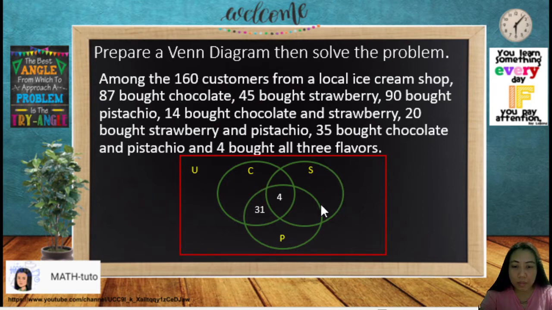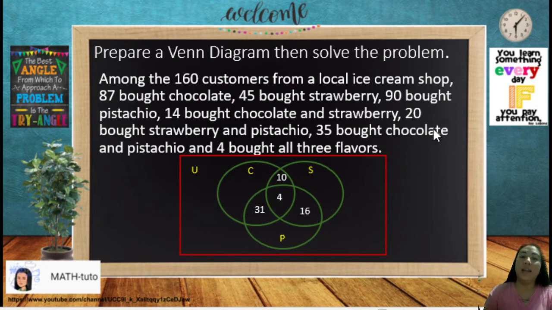That will be here, the intersection of strawberry and pistachio, but we only have 4, so 16. Okay, next, 14 bought chocolate and strawberry. That is the intersection of C and S, but we already have 4 here, so 10.